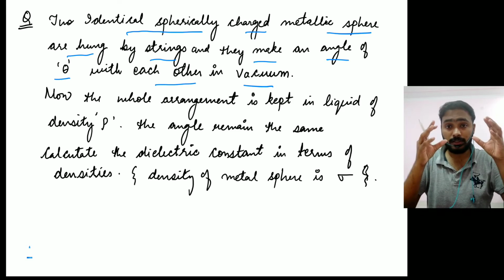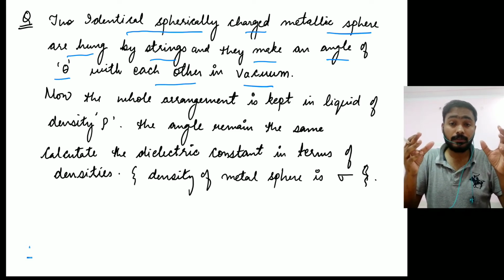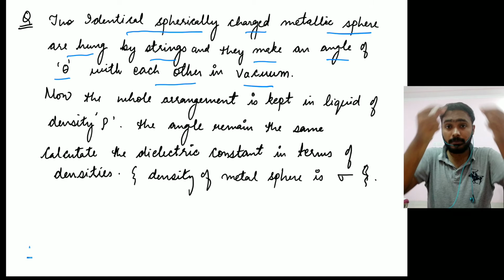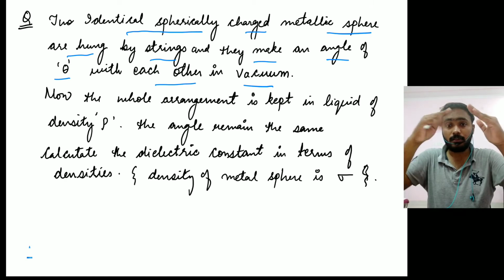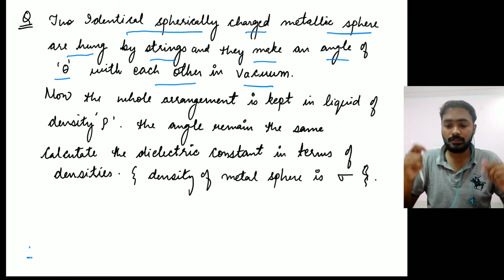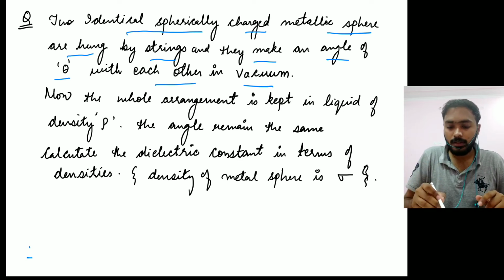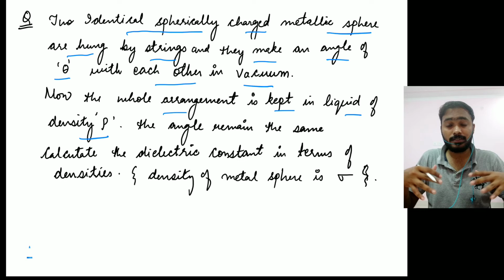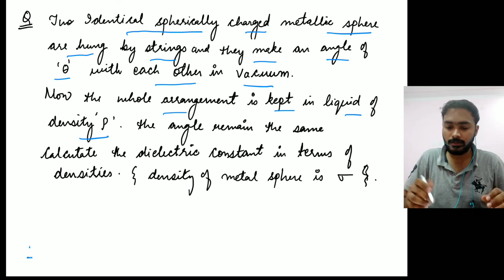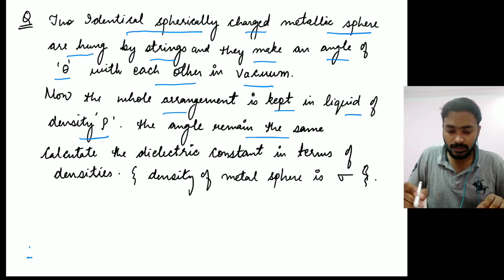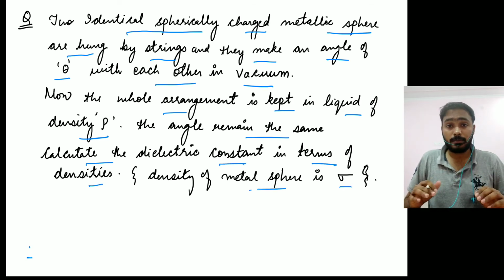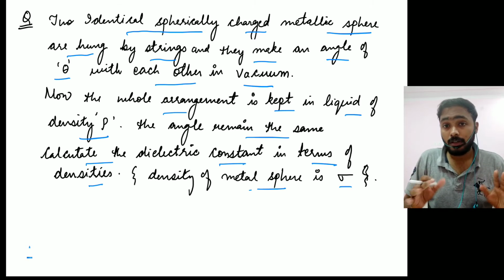Now the whole arrangement is kept in liquid of density rho. The whole arrangement has been immersed into liquid of density rho. The angle remained the same. Calculate the dielectric constant in terms of densities. Density of metal sphere is sigma. I hope you guys understood the question.